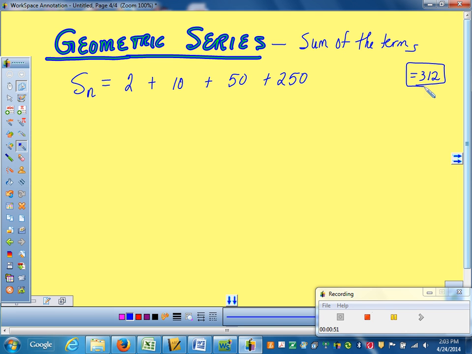So we know that's the answer we're supposed to get when we do this mathematical magic. In this case, I'm not going to write them in reverse order. This time, I want to multiply that sequence I just wrote by the ratio, which is 5.